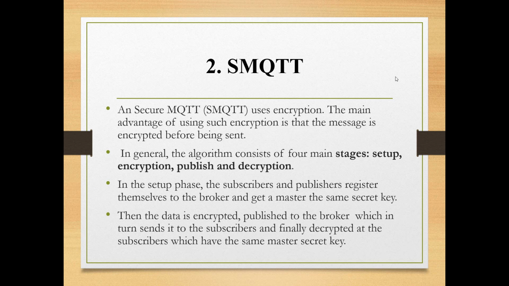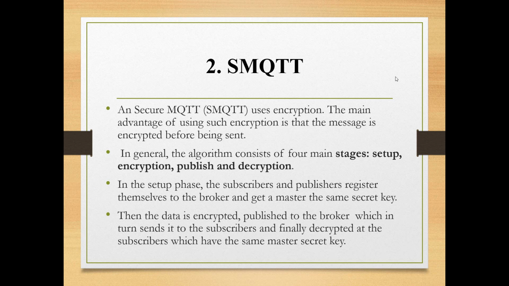So the main advantage of using secure MQTT communication protocol is this encryption of the message that is being transmitted. The architecture of the MQTT contains four main stages. First one is setup, second encryption, third one publish, and the last one decryption.